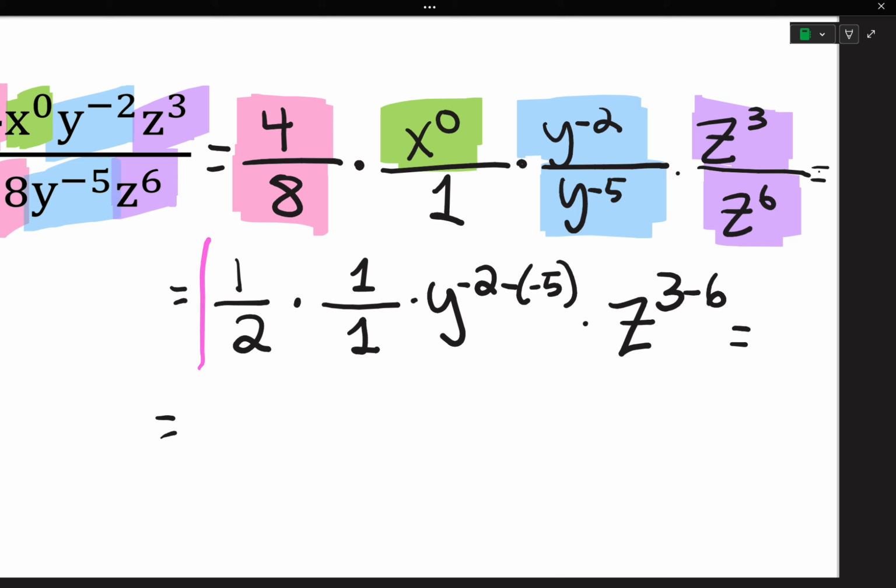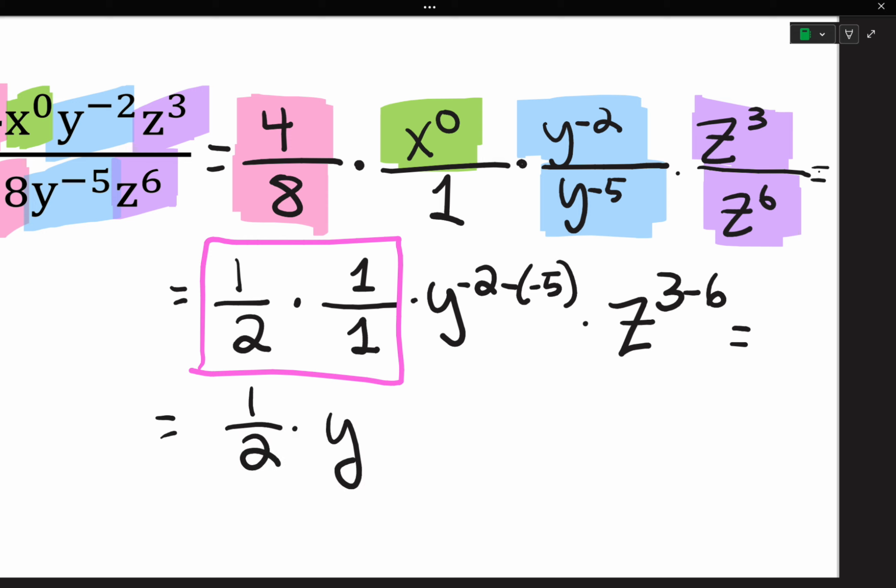Very nice fact here. We can multiply these fractions. 1/2 times 1 over 1 is 1/2. That's pretty nice. For my y's, -2 minus -5 leaves me with +3. For my z's, 3 minus 6 is -3.